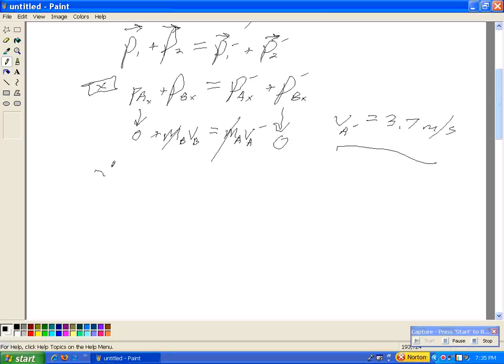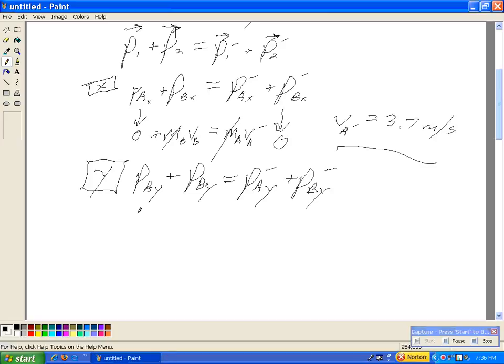In the y direction, we have the momentum in the y direction of the A ball, and the momentum of the B ball in the y direction will equal the momentum of the A ball after in the y direction plus the momentum of the B ball in the y direction after the collision.